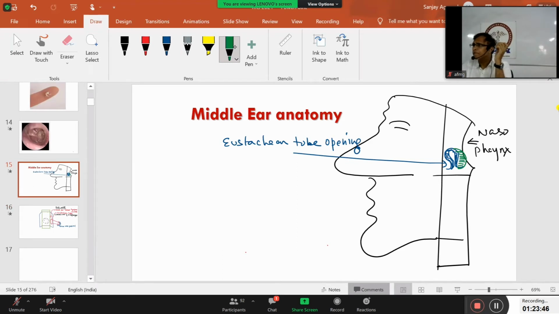Which muscle? Tensor veli palatini. This bulge has a name. That's why it is important. And what is the name of this bulge? It's called torus tubarius.